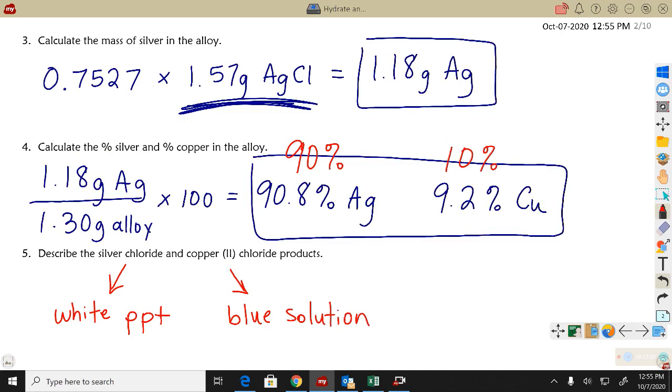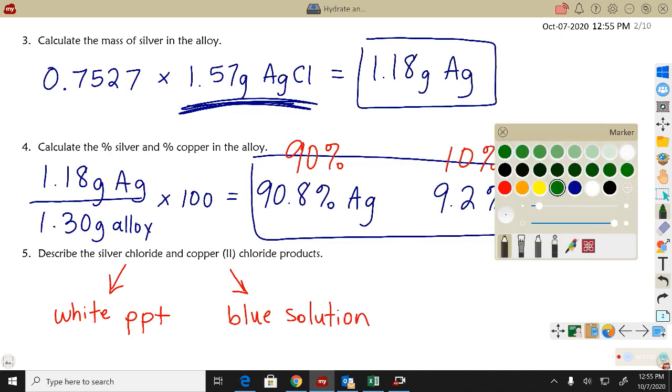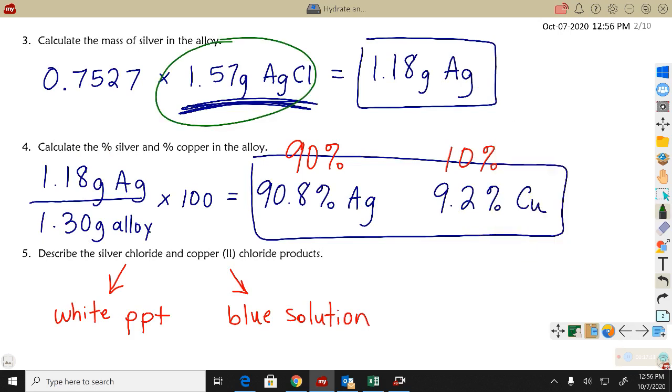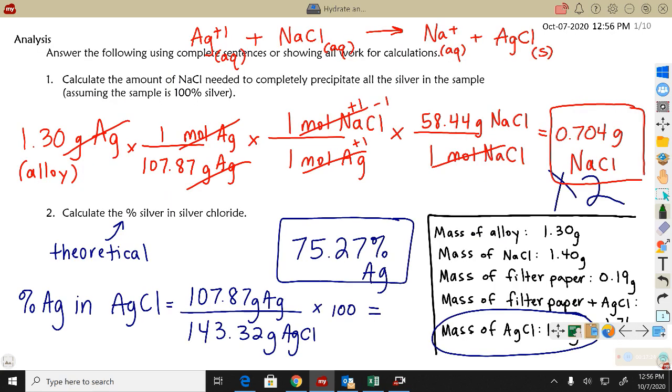Here is the mass of silver chloride that we measured. Well, that's what we got when we subtracted off the original filter paper from the mass today of the silver chloride plus the precipitate, which is this guy. Mass of the filter paper plus the precipitate.